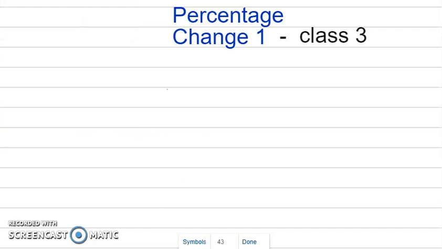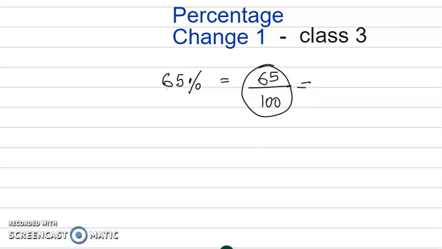65% as a decimal, you have to write 65%. As you know, 65% stands for 65 by 100. Now, when you change this fraction into a decimal, you write 65 here and the decimal point is here.